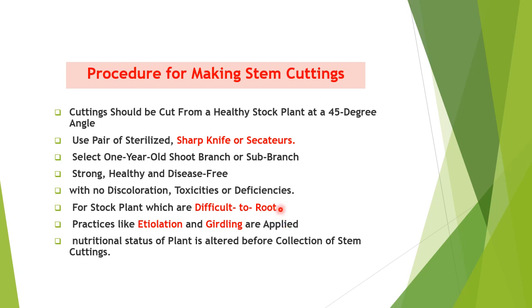One is easy to root and another is difficult to root. But difficult to root definitely roots, but with certain more practices. Etiolation and girdling are the two practices which will be discussed in the next slide. Nutritional status of the plant is altered before collection of the stem cuttings.